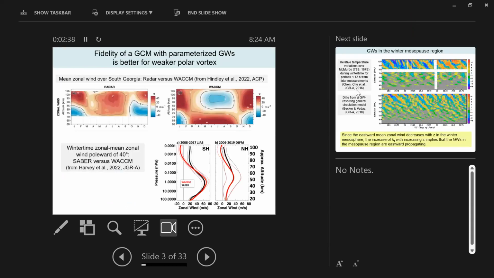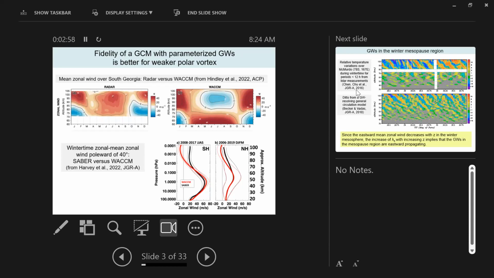So here are examples for the wrong zonal wind direction in the upper winter mesosphere. This is from a paper of Hindley et al. And this here is from Lin Harvey et al. You see here a comparison of radar measurements of the zonal wind over South Georgia, here in southern hemispheric winter.